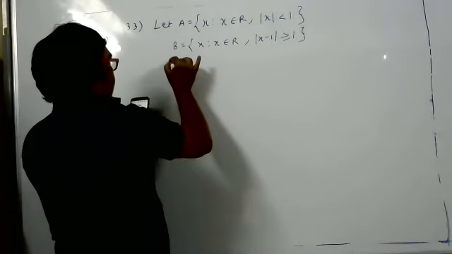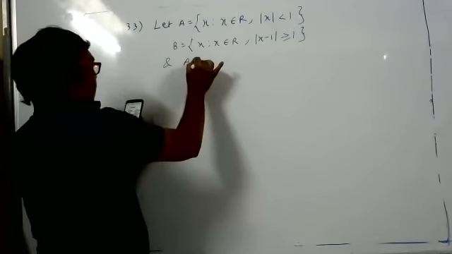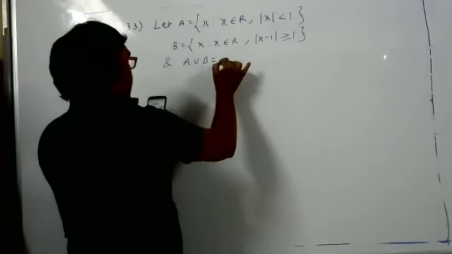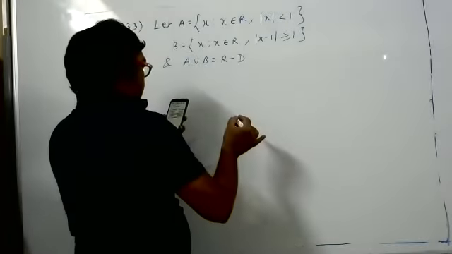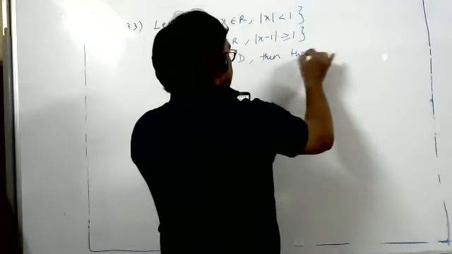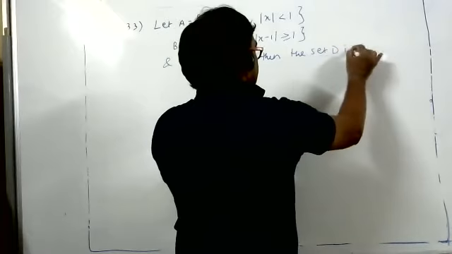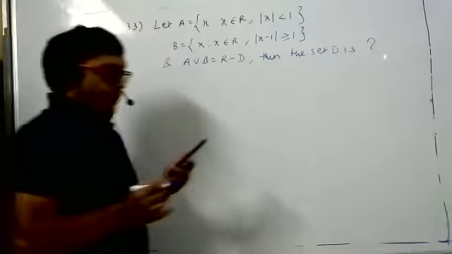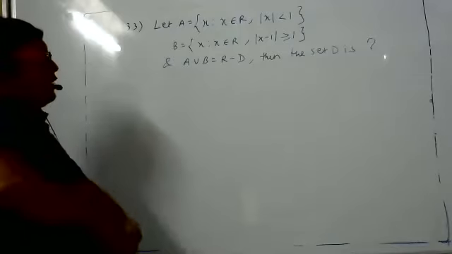And A union B is equal to R minus D. Then what is the set D? That is the question.